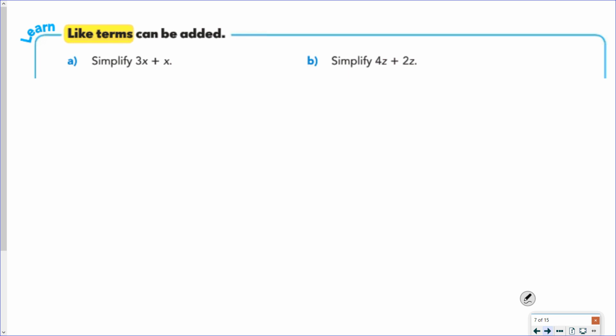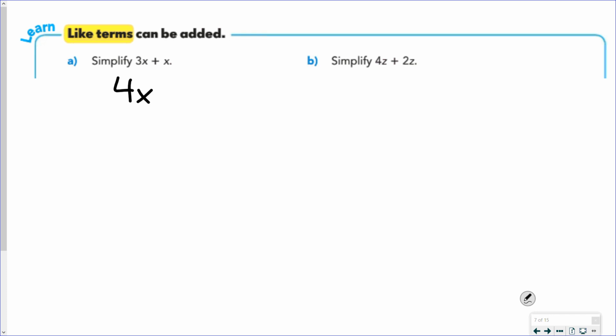For like terms, our variable does not have to be without a coefficient. It can start with one. So if we were to simplify 3x plus x, we can think of it as if you have 3 x's and somebody gives you another x, you would have 4x's. 4z plus 2z, same idea.